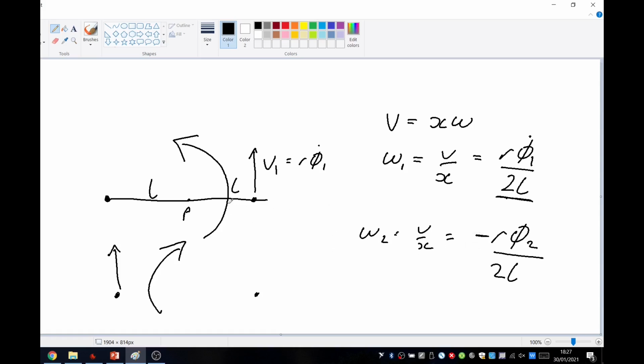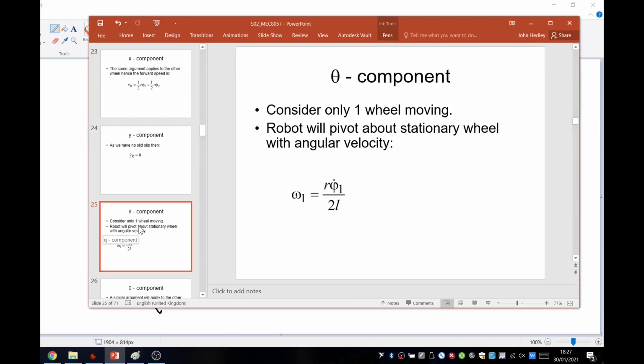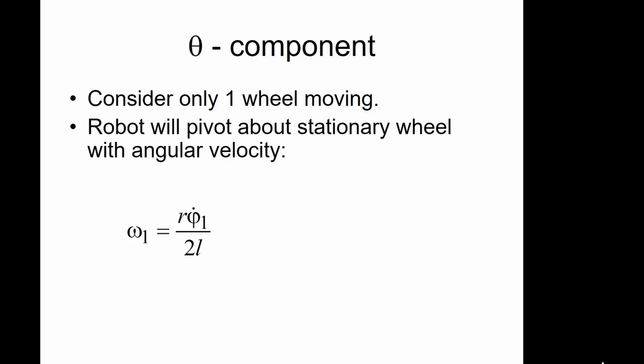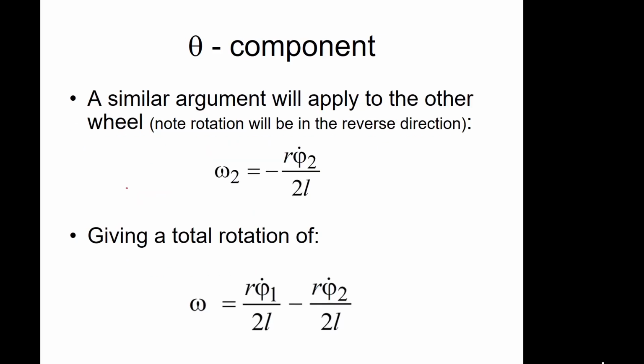So our total angular velocity of the robot is this term and this term combined. So we've got this due to one wheel, this due to the other wheel, and therefore combining these two gives us our total rotation of the robot, this term here.